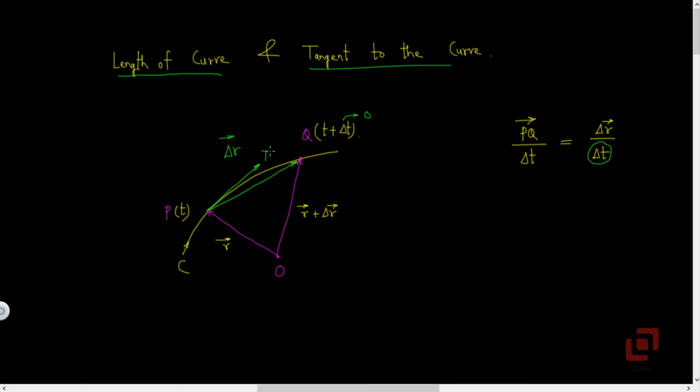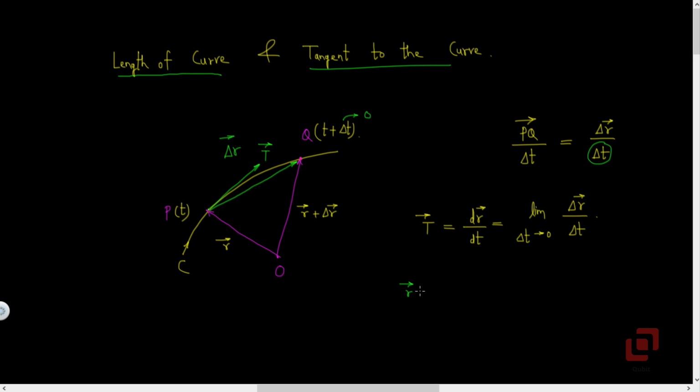Let's call the tangential direction T bar. And therefore, T bar is equal to dr bar by dt, which is given by limit as delta t tends to 0, delta r bar upon delta t.